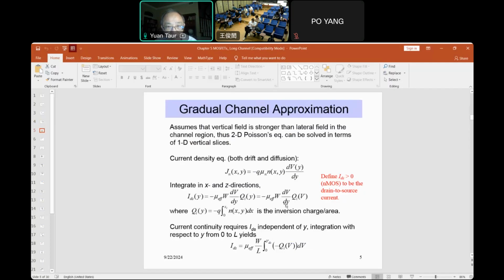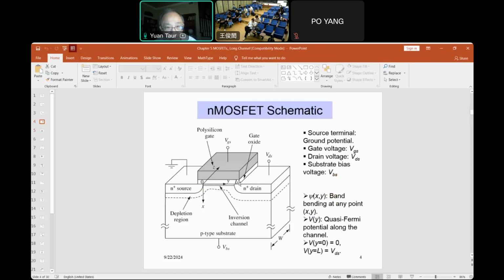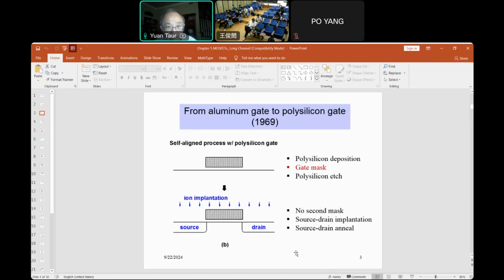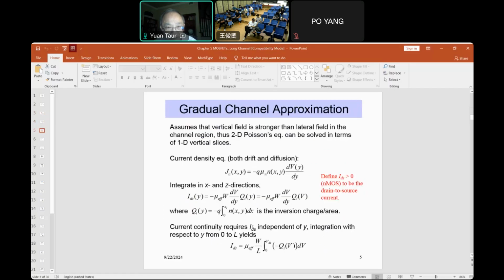Integrating with respect to y becomes simply L, the distance in the y direction. So IDS becomes a constant, I times L, and then you can divide L back to the right side. So you derive this expression.